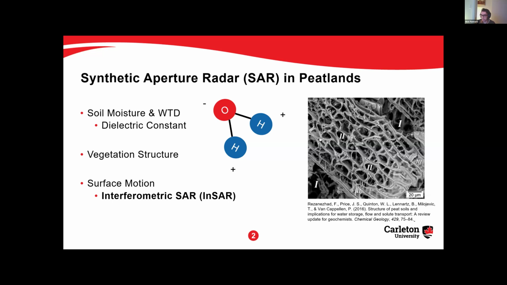And peat tends to be quite saturated, largely because of its position in the landscape and also because of its porosity. So if you take a look at the figure on the right, you can see a zoomed in picture of peat soil, and there are large macropores marked with the Roman numeral 1 there.